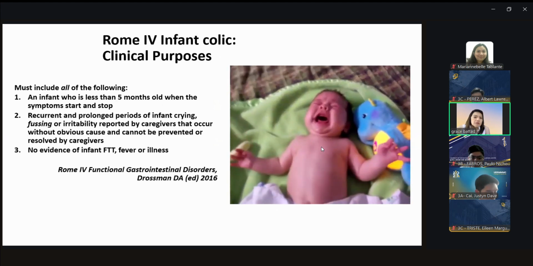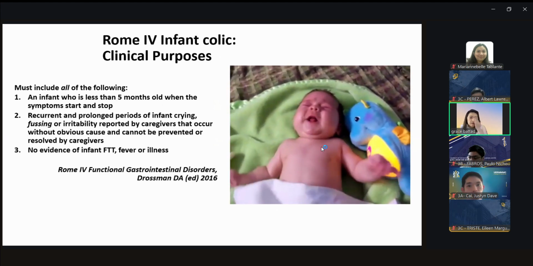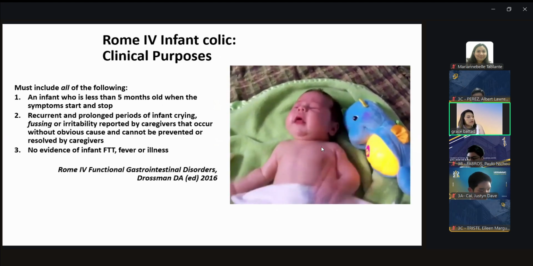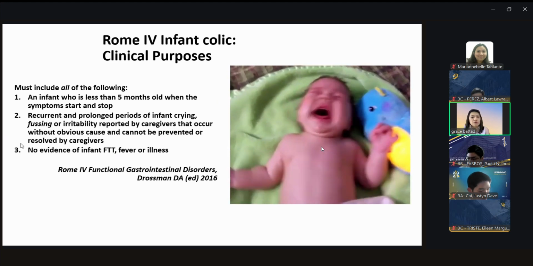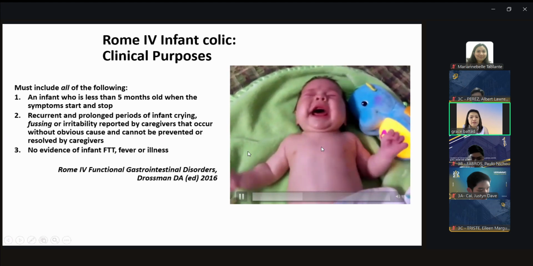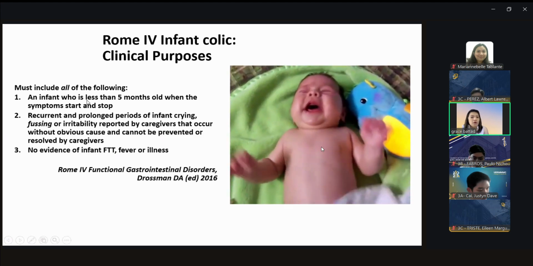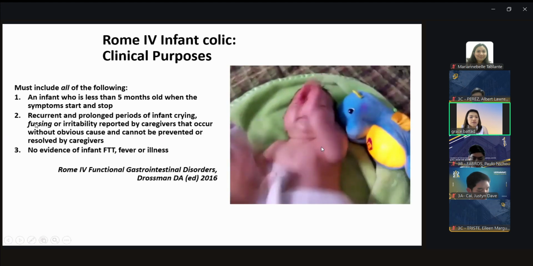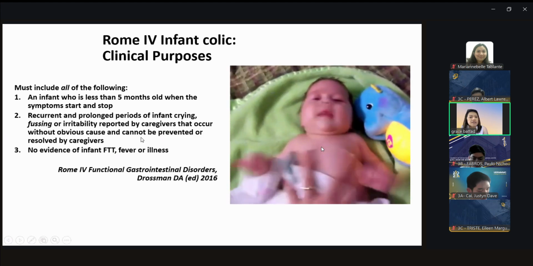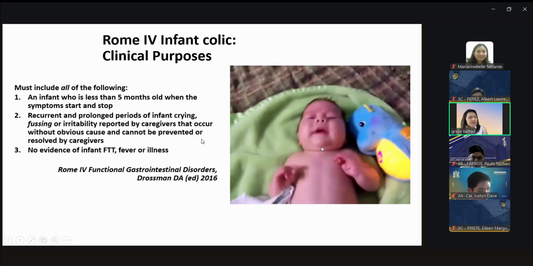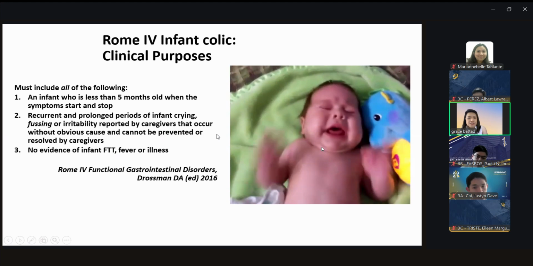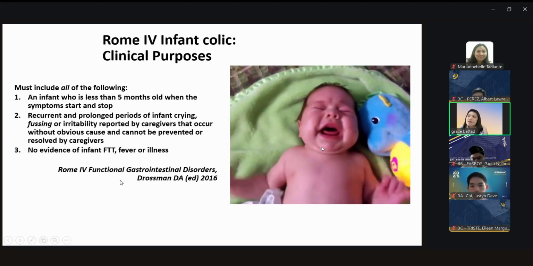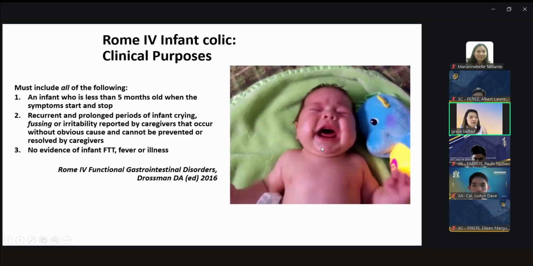Now, what about colic? Colic has a history of inconsolable crying, and this is usually among infants less than 5 months old. There is recurrent fussiness and irritability. Sometimes the mothers say the baby has a schedule of crying, often going towards the evening.